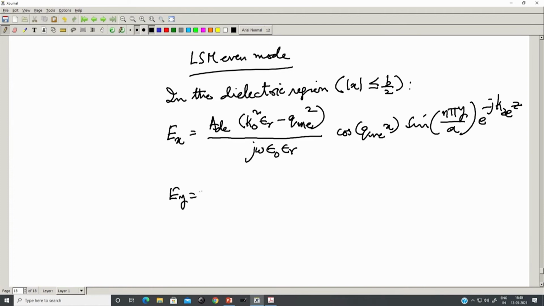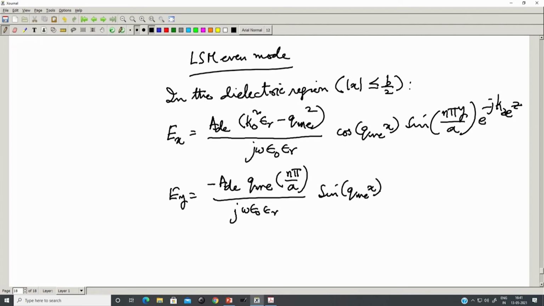E y will be equal to minus A d E q m e n pi by a by j omega epsilon naught epsilon r sin q m e x cos n pi y by a e to the power minus j k z e z.